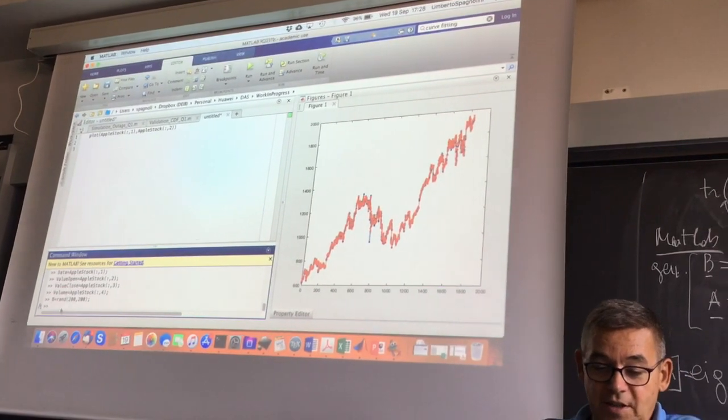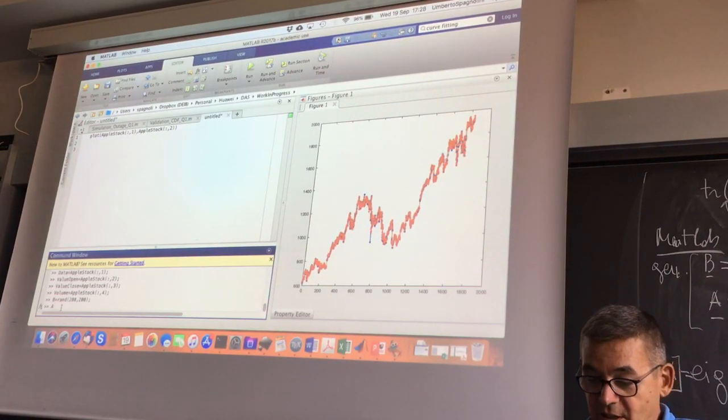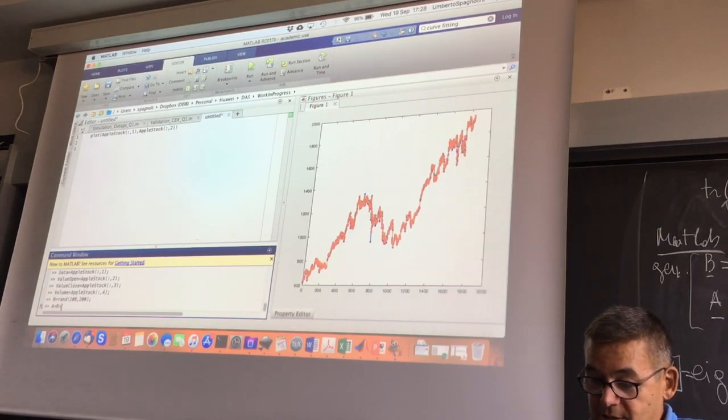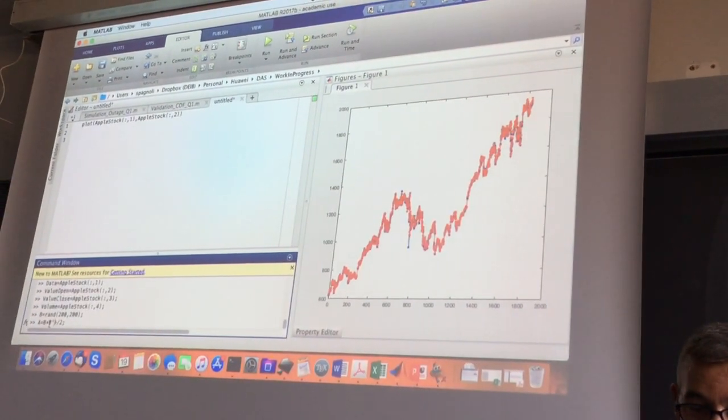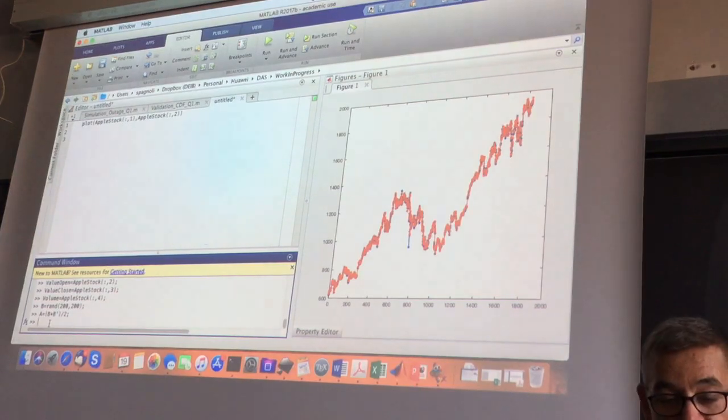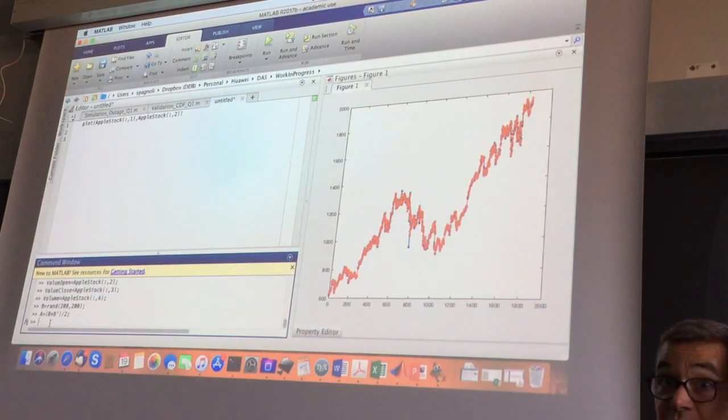Now, I generate a symmetric matrix, which is, I say A is equal to B plus B prime, which is B transpose, I close the bracket, divide by 2, and then I put another bracket there. Okay, in this way, I create a symmetric matrix. Now, I need to calculate the eigenvector.